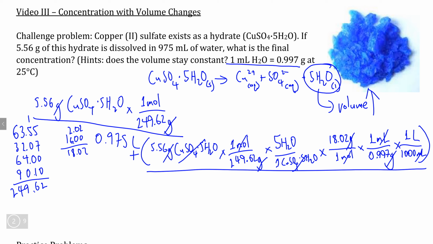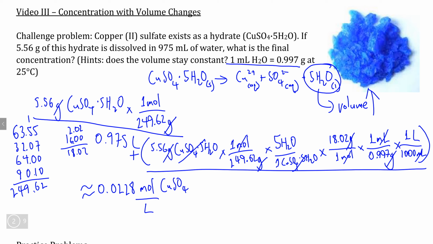If you put this into your calculator, this number comes to approximately 0.0228 moles of CuSO4, which is our solute, divided by the volume of water, including the small volume of water that we added when this compound dissolved.